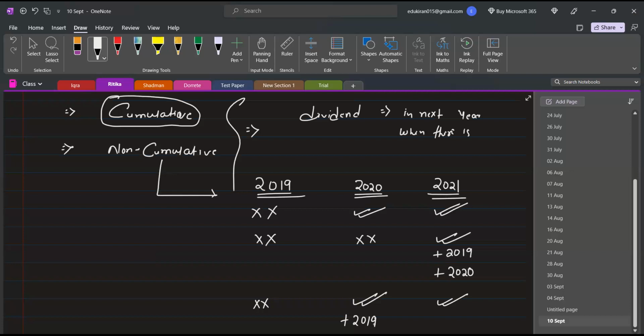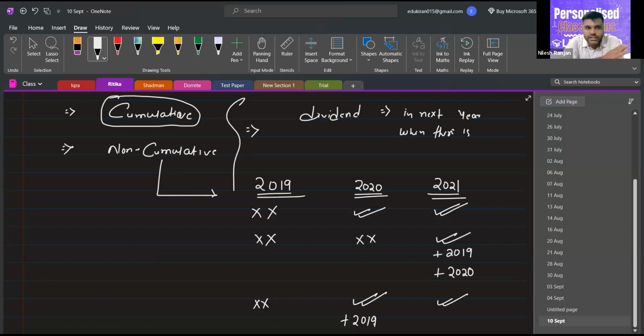Okay, and there is one more condition attached to it, that dividend can be accumulated up to 3 years only.